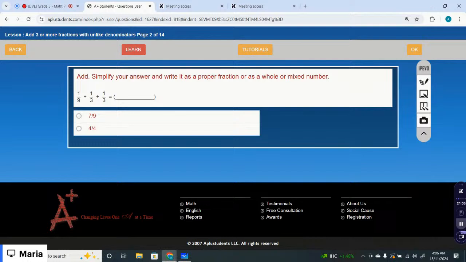Okay, add 1 by 9 plus 1 by 3 plus 1 by 3. So 3 times 3 is 9.